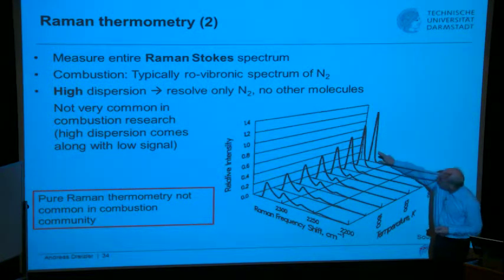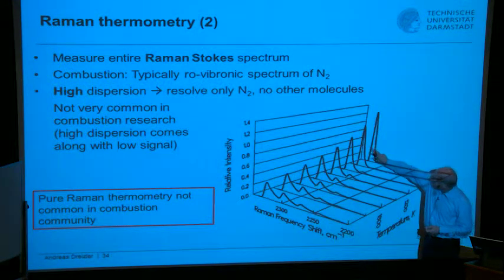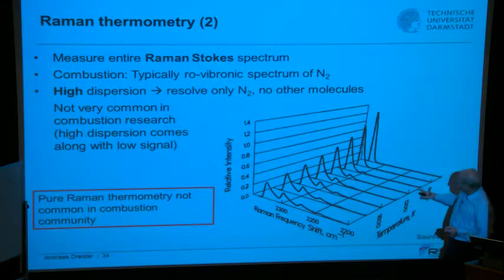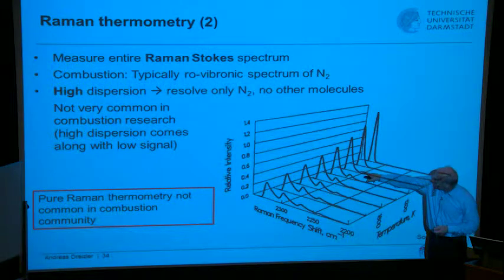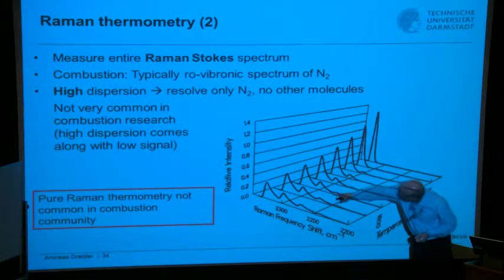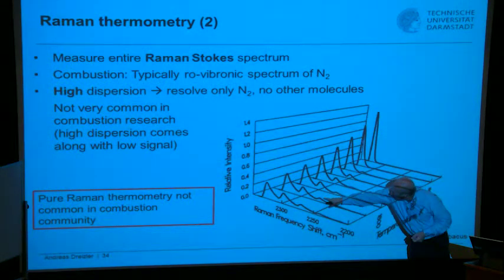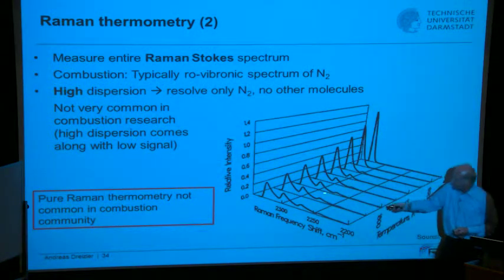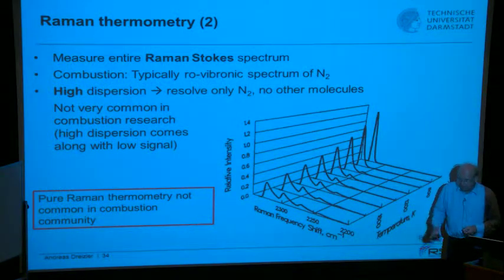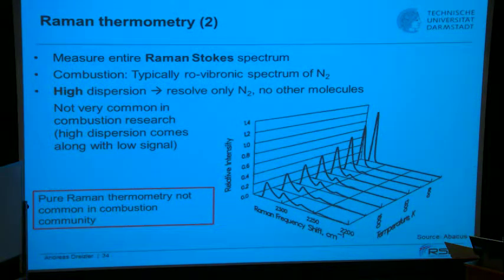You would see here only scattering from the ground vibration level, and only at 500, 600 Kelvin, you start to see here some Raman scattering from the first vibrational excited level. Or if you crank up the temperature even more, you see not only the so-called first hot band, you see here the second hot band where you do the scattering from the second vibration level. Maybe I should make a drawing to better understand that again.